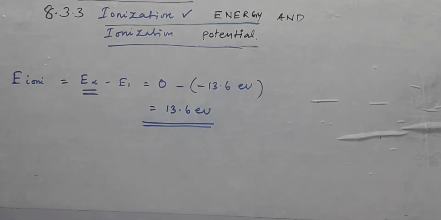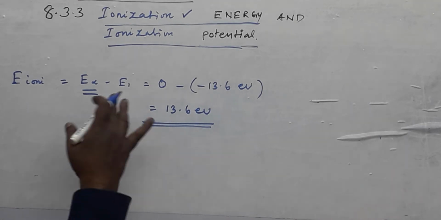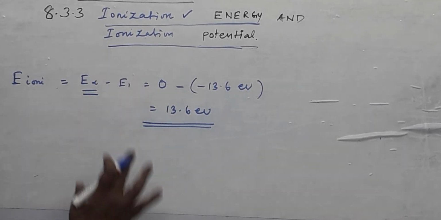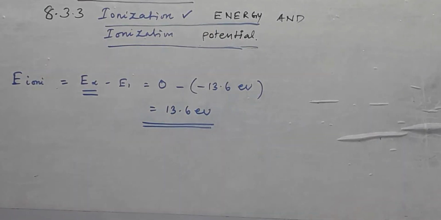Again, the same definition: the ionization energy per unit charge is called ionization potential. The ionization energy per unit charge is said to be ionization potential.